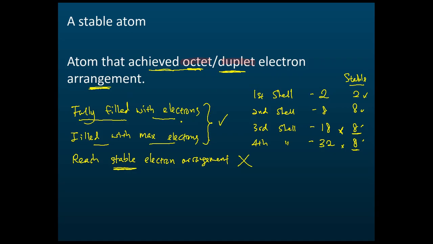But as I always say, we can't guarantee that this year they will still accept it, because it's not accurate. So I suggest that you give this answer: octet or duplet electron arrangements. Don't say it's stable, or stable electron arrangements. That is not enough to get the mark.